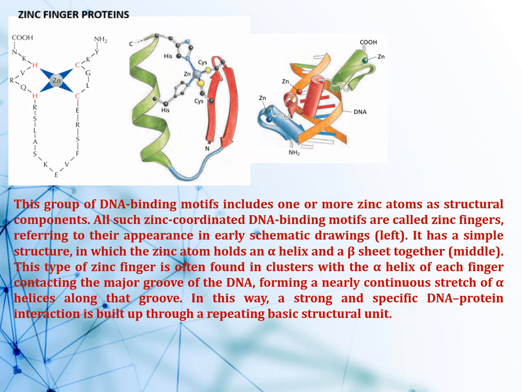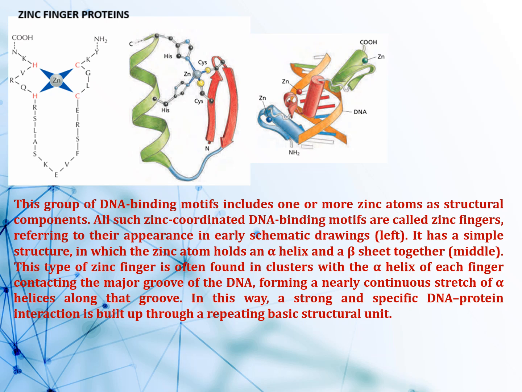The next one is zinc finger proteins. This group of DNA binding motifs includes one or more zinc atoms as structural components. All such zinc coordinated DNA binding motifs are called zinc fingers, referring to their appearance in early schematic diagrams, which is shown on the left. It has a simple structure in which the zinc atom holds an alpha helix and a beta sheet together.